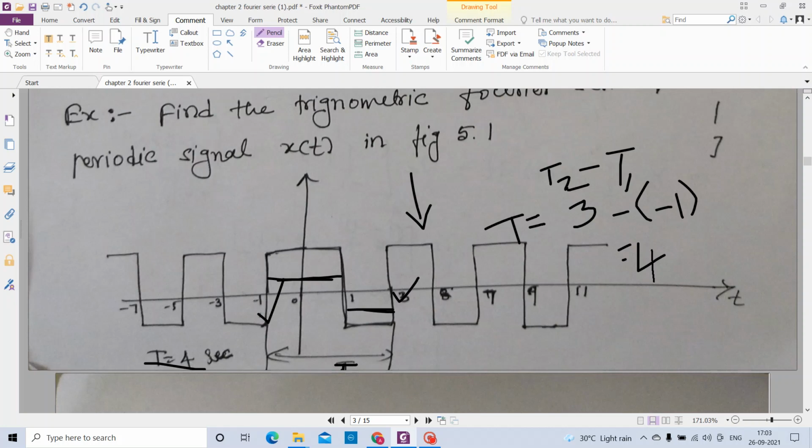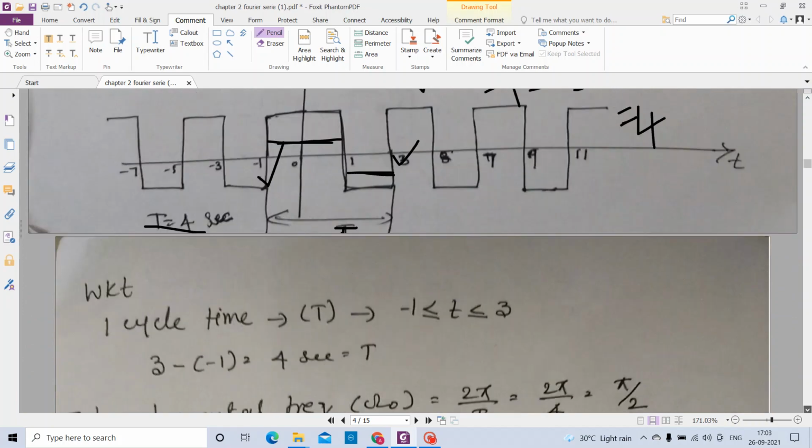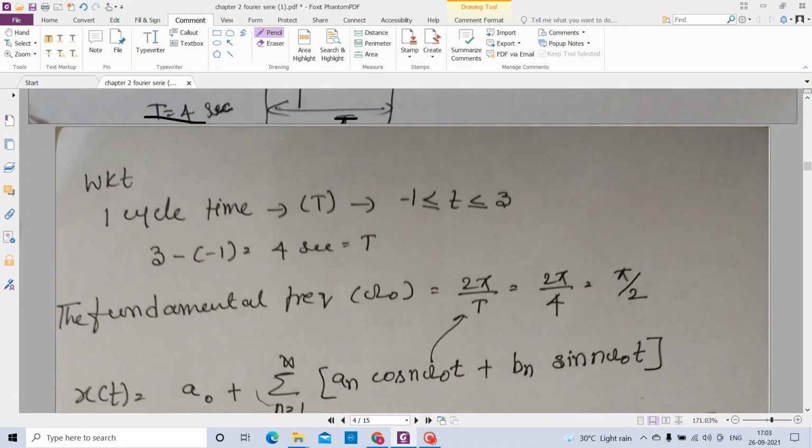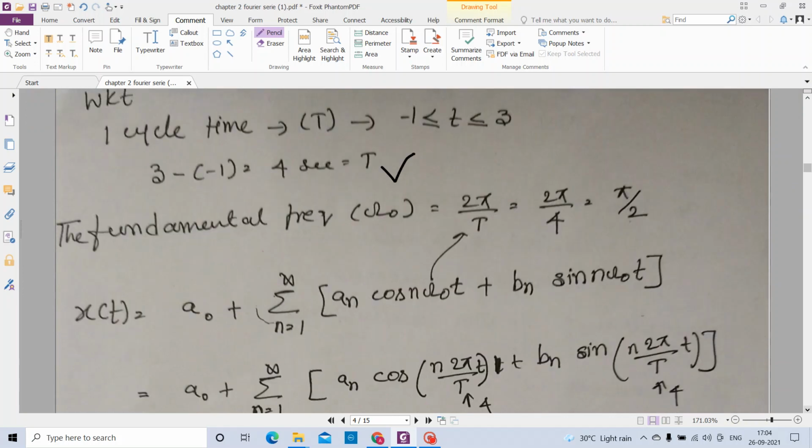So the fundamental time period is 4. This is the first step, which I have calculated here. The unit of time is seconds, and the unit representation is very important.